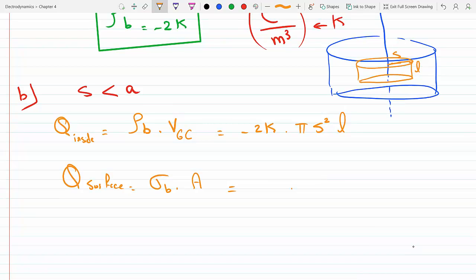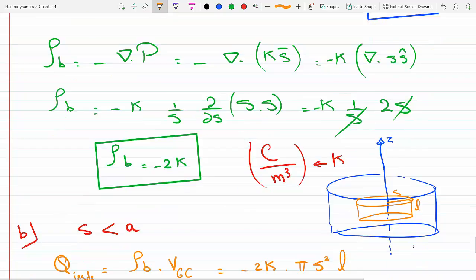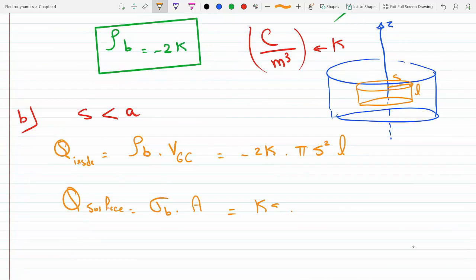Sigma was ks, so it'll be Ka minus 2K over 4, times the area, which would be the circumference, 2 pi s, times the length of my cylinder, L. So this would be 2 pi s squared KL.